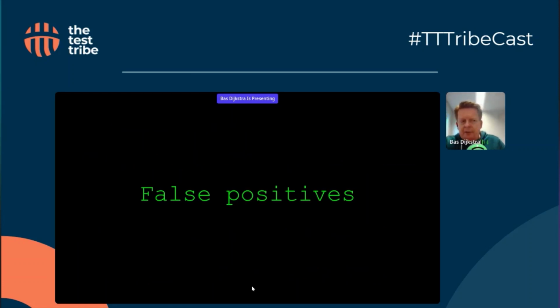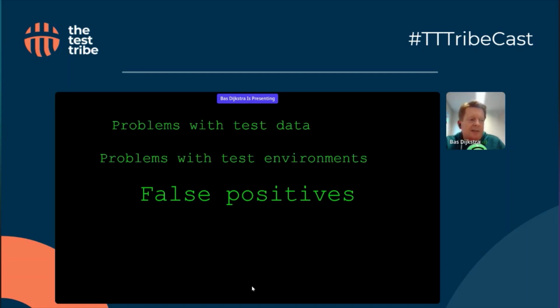So there's a number of different root causes for these false positives. It can be problems with your test data. It can be problems with your test environment, so some kind of third-party system or some other kind of dependency or component that you rely on in your testing that's behaving weirdly, or that's not available, or that's just responding very, very slowly.